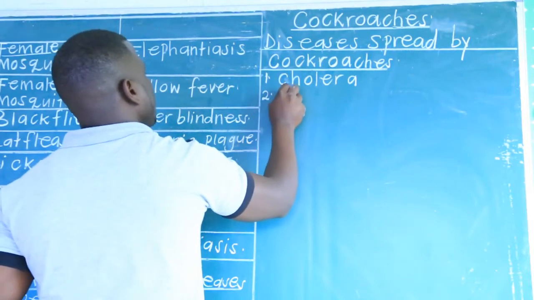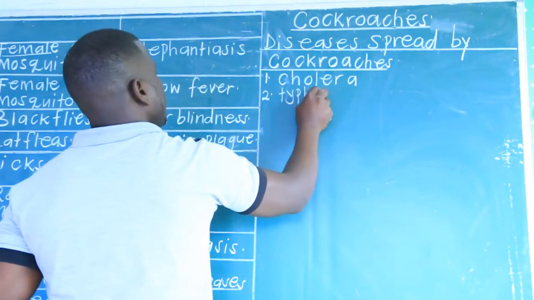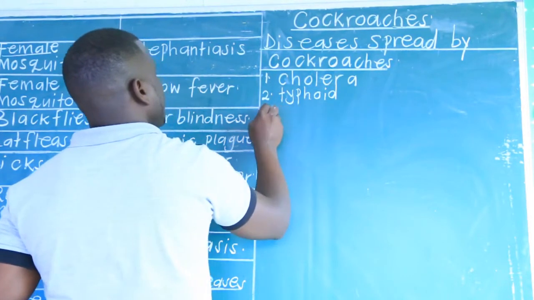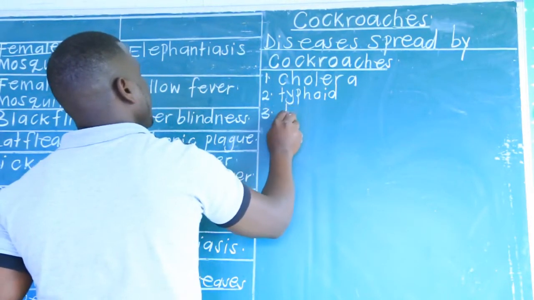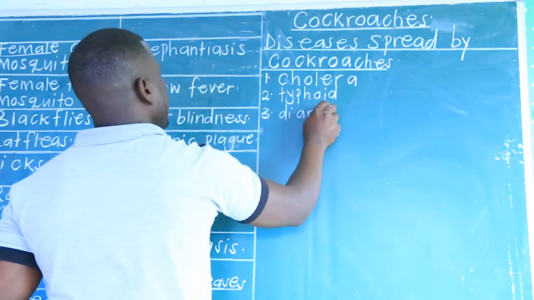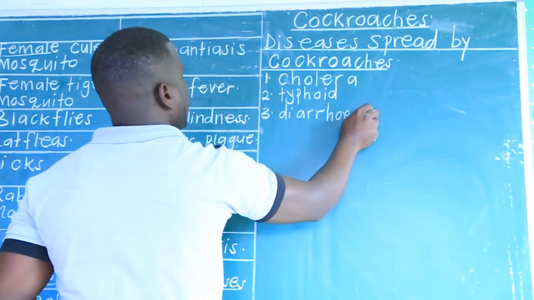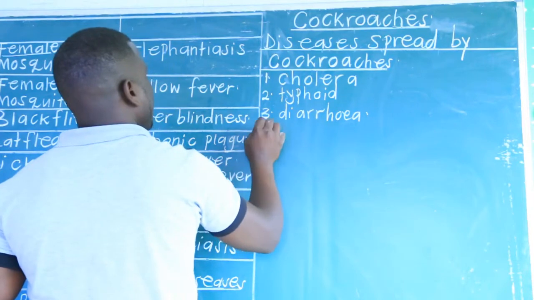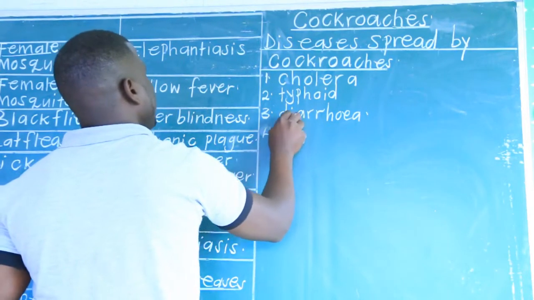Number two, typhoid, diarrhea, then we have dysentery.